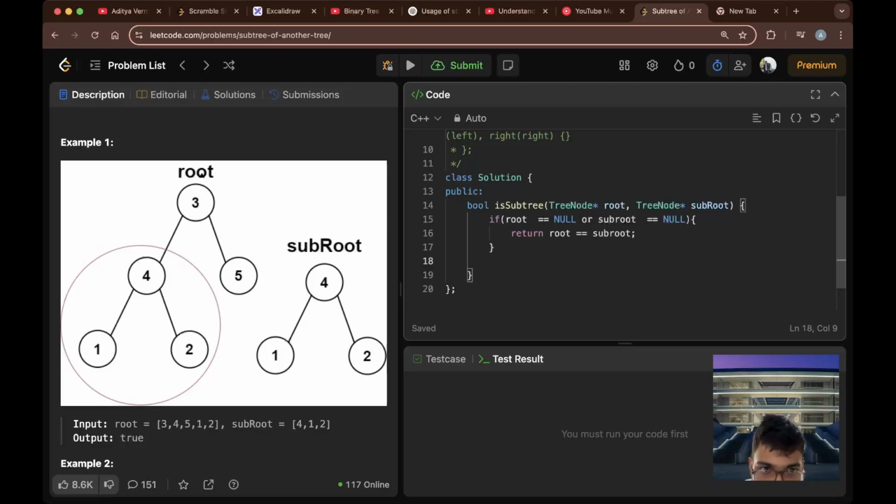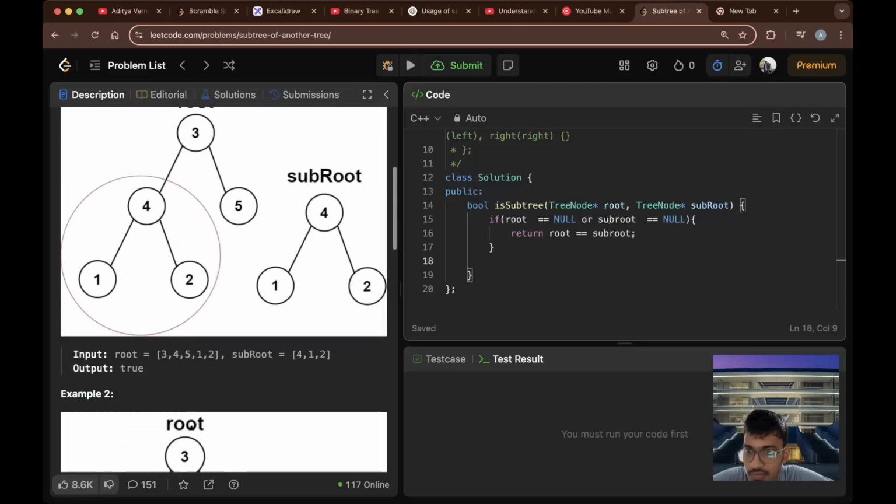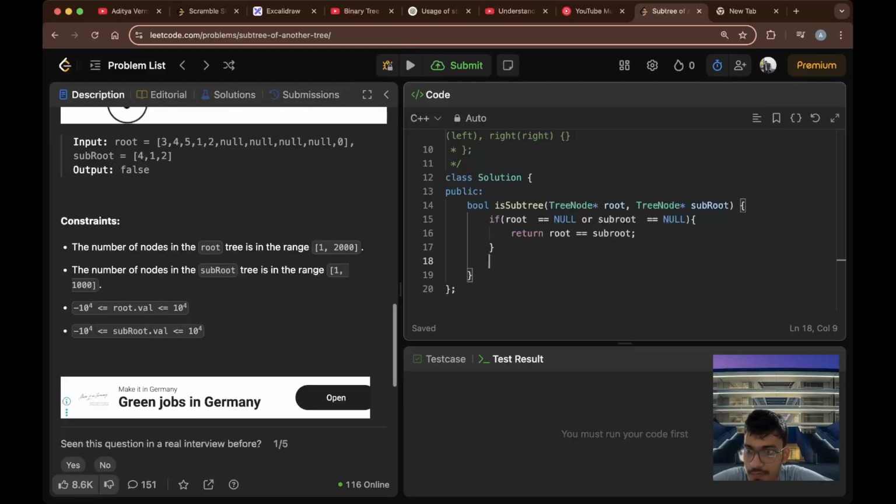If either root is null or subRoot is null, then we have to return false only. Null cannot be anything. Okay, let's move on. It doesn't have any example to showcase that. The root is a subtree of itself.